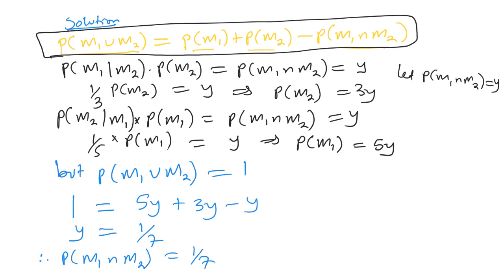A boy selected at random is taking only M1. Let's do it on the next page. So if you are to get M1 only, sometimes this can be written as probability of M1 intersecting M2 complement.